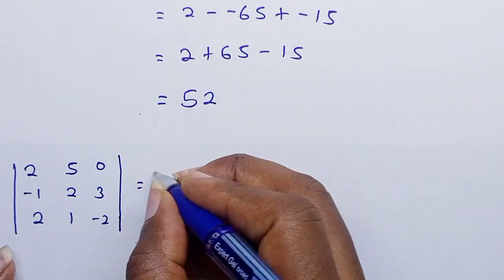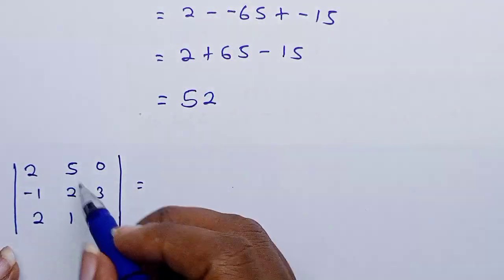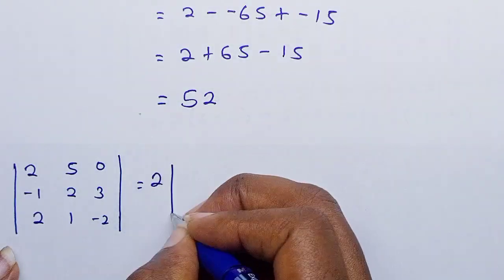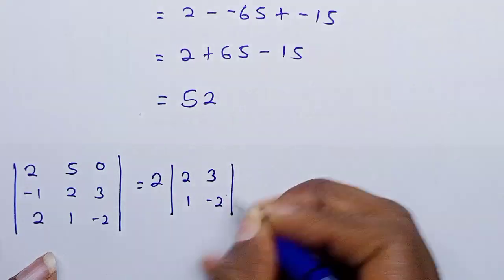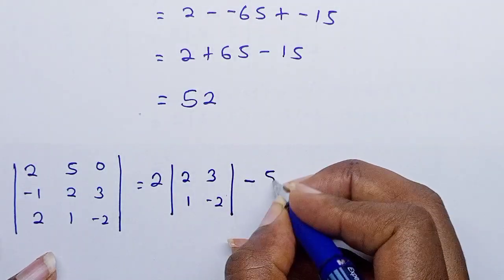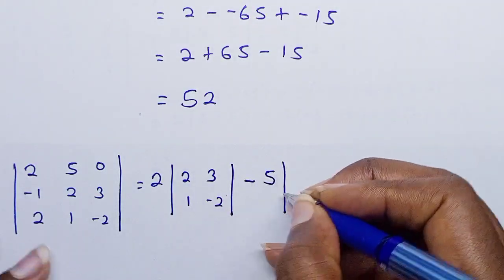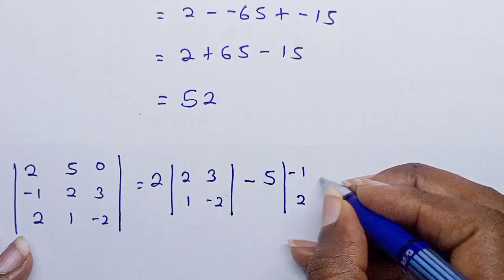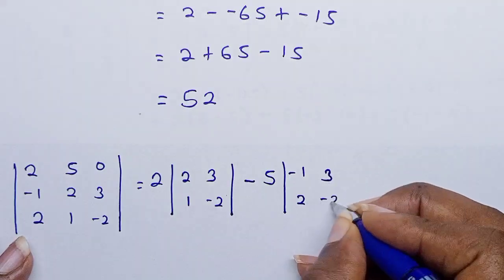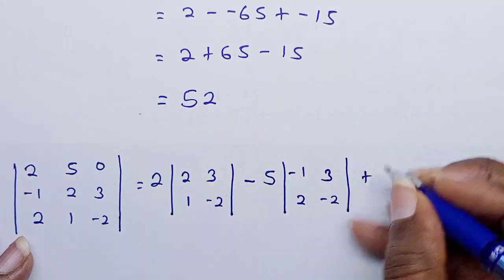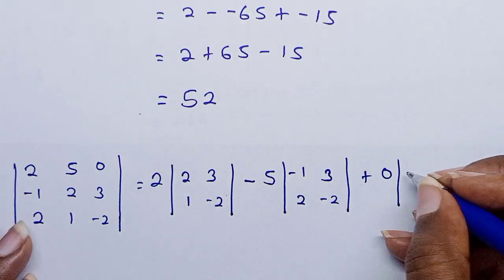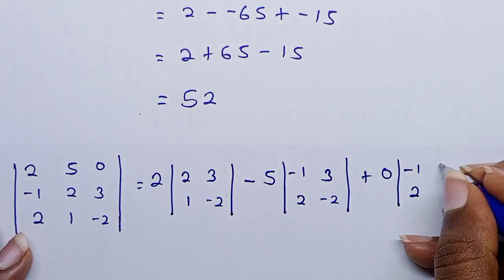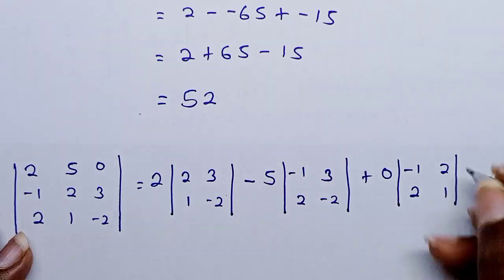This would be equal to, considering 2, 2 times the determinant of 2, 1, 3, negative 2, minus 5 times the determinant of negative 1, 2, 3, negative 2, then plus 0 times the determinant of negative 1, 2, 2, 1.